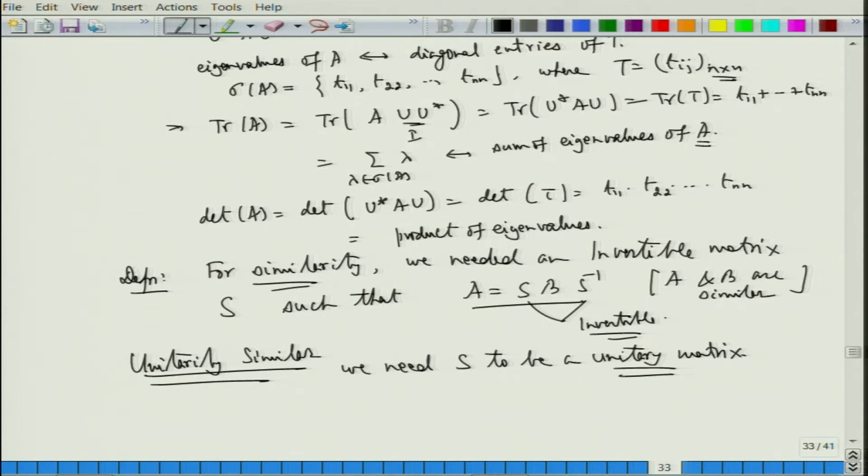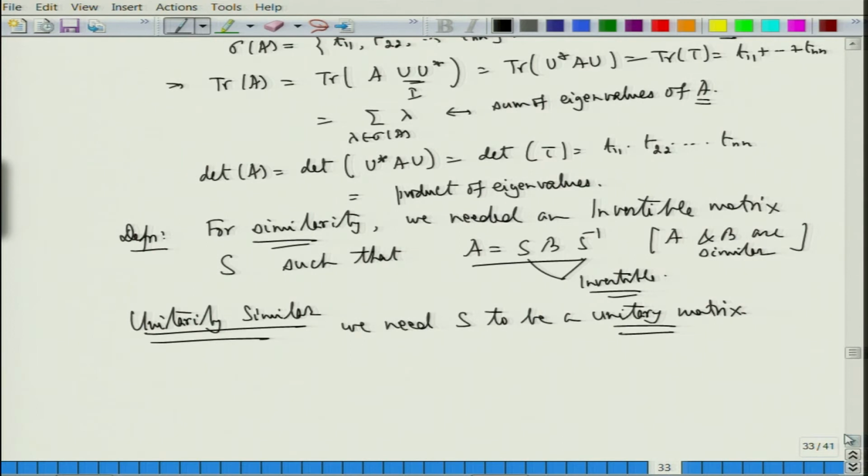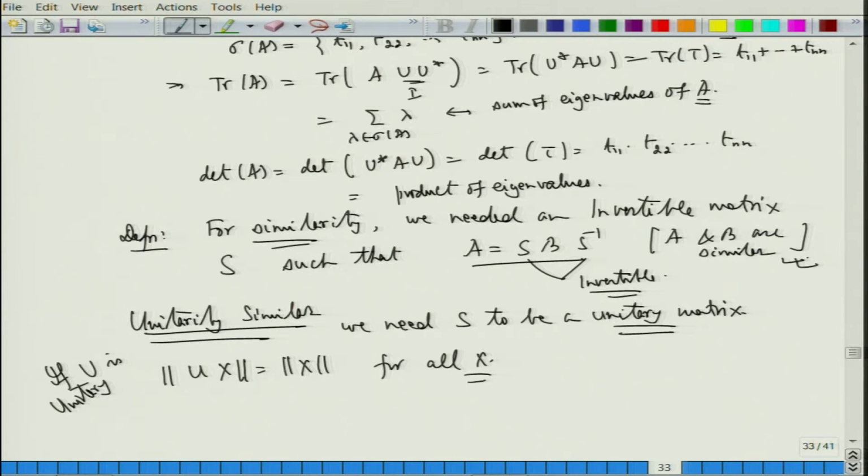Because unitary always helps us understand more: if U is unitary, then the length of any vector x remains the same, for all x. That is not true for similarity with respect to invertibility. So in some sense unitary similarity is more stringent, and we mostly follow it in our calculations because the norm of the vector does not change.